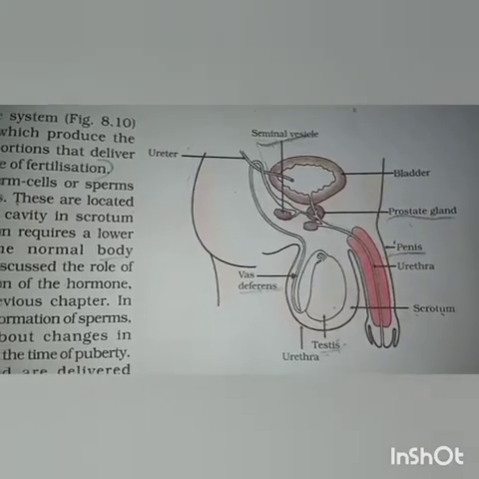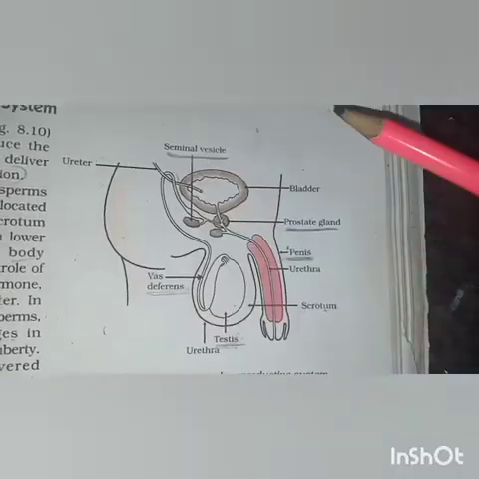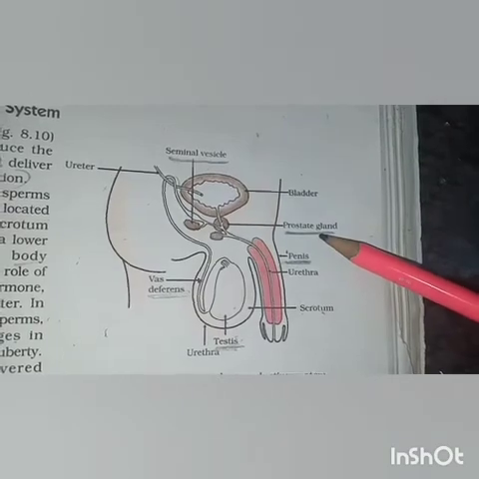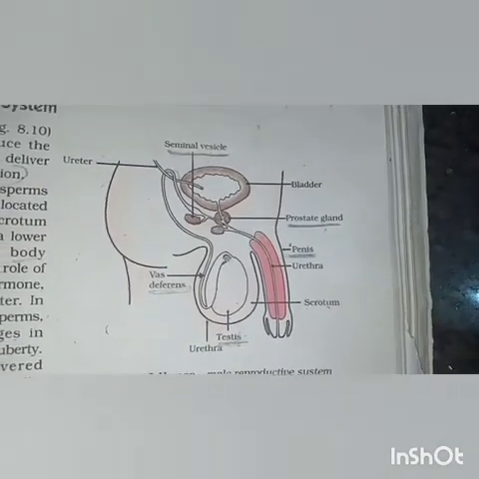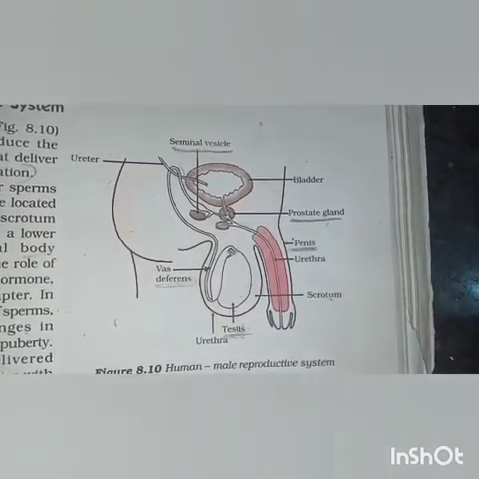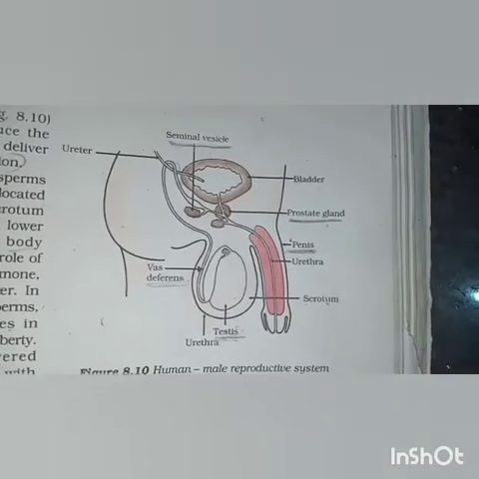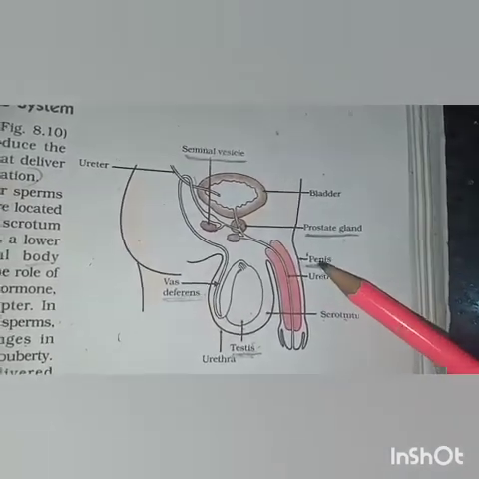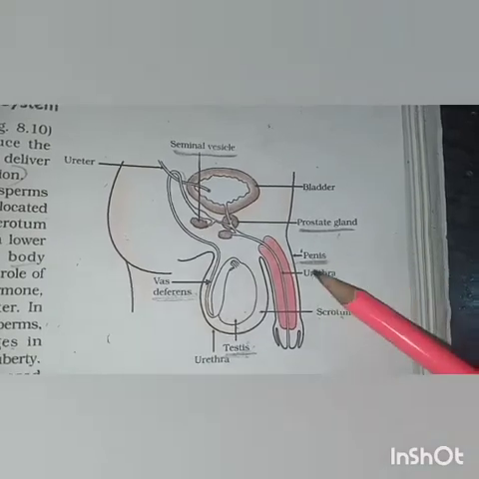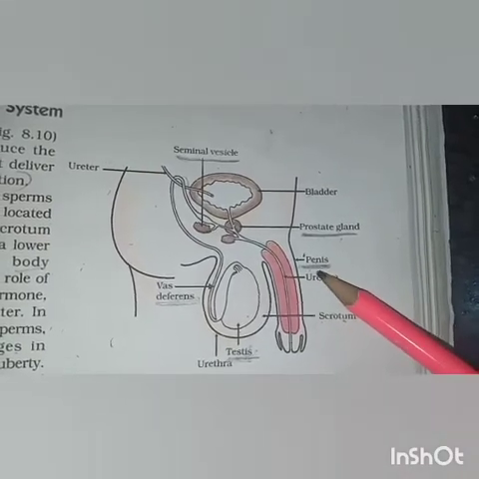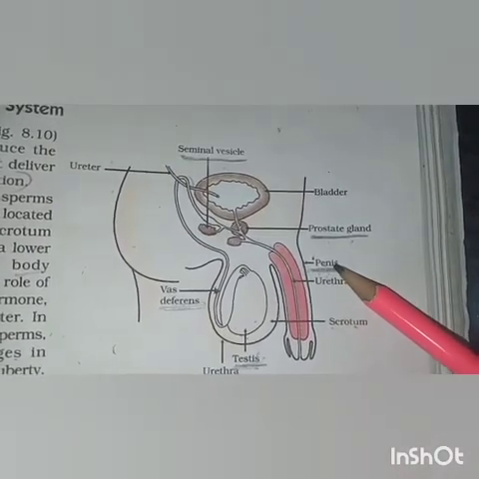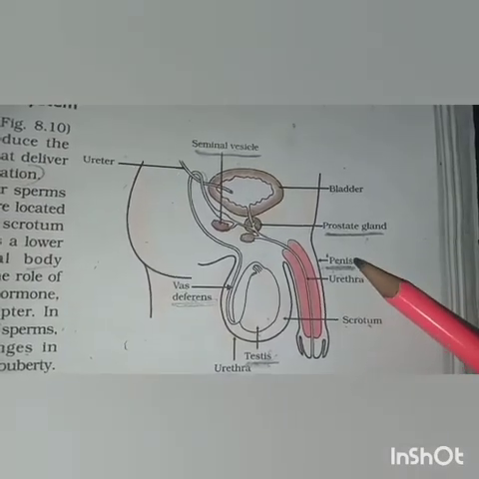This is an important question. So their secretions make sperm transport easier and also provide nutrition to the sperms. And the last part is the penis. The males transfer the male gametes with the help of the penis into the female reproductive system.